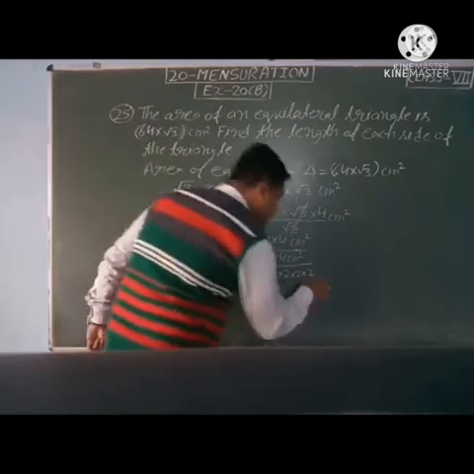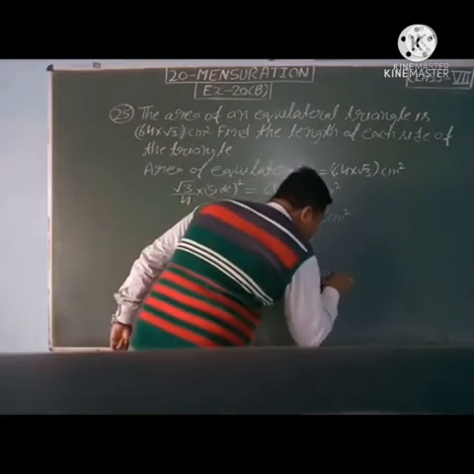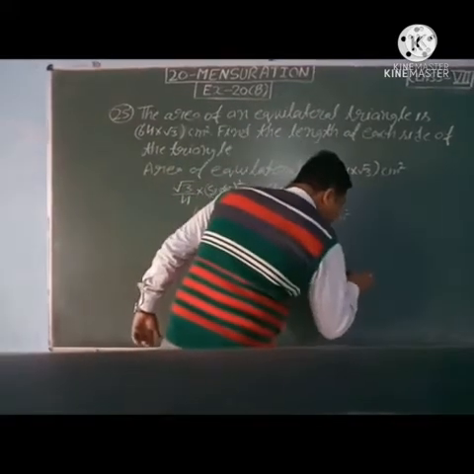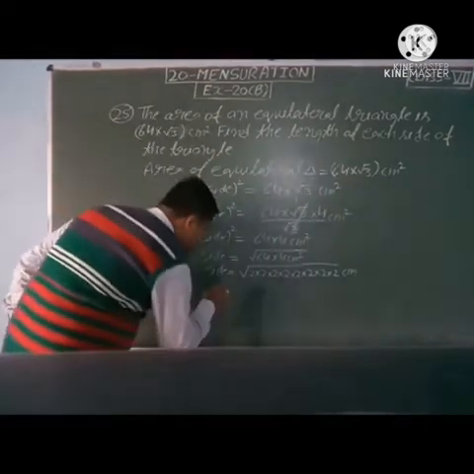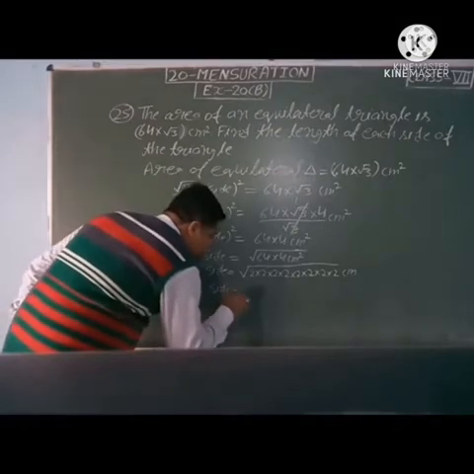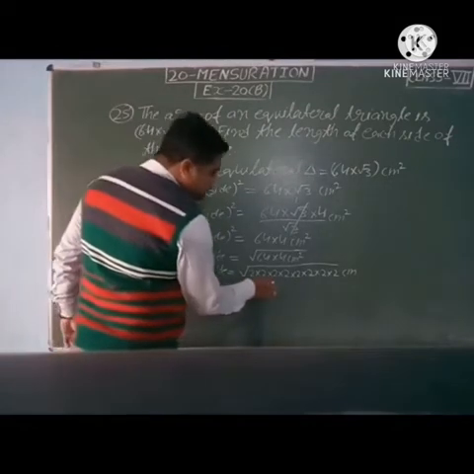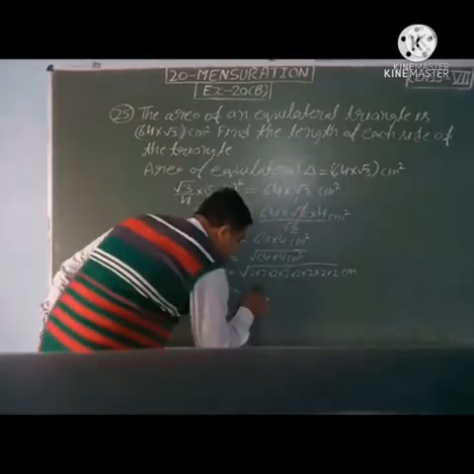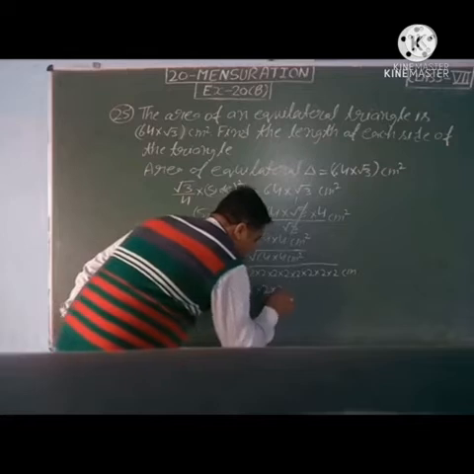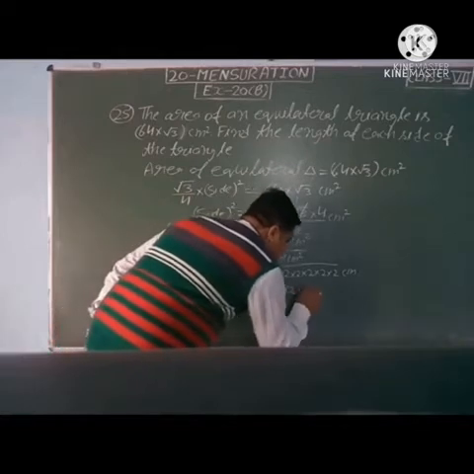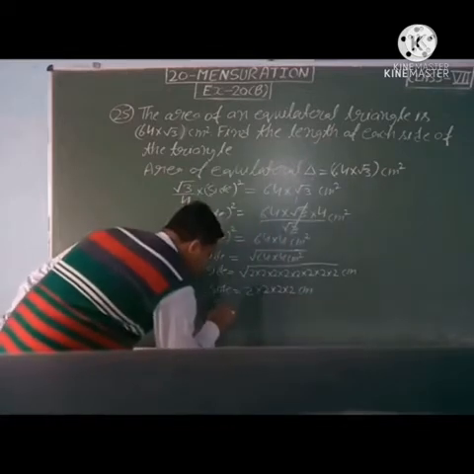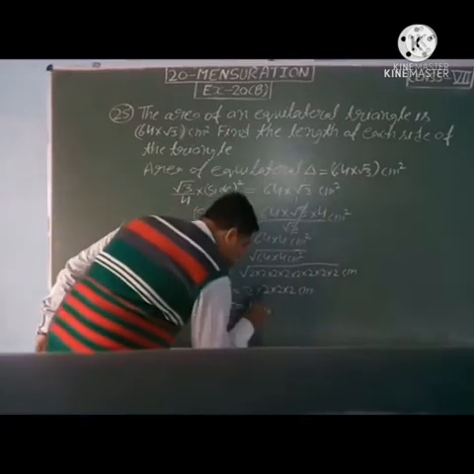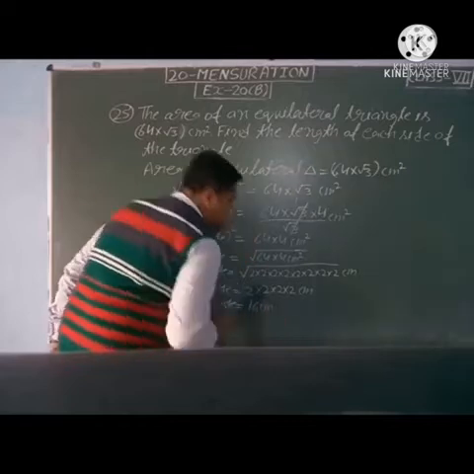Now factors of 4, 2 multiply 2. Now side is equal to how many 2s? 1, 2, 3, 4, 5, 6, 7, 8. So we will write 2 to the 4 to the 8 to the 16 centimeter.